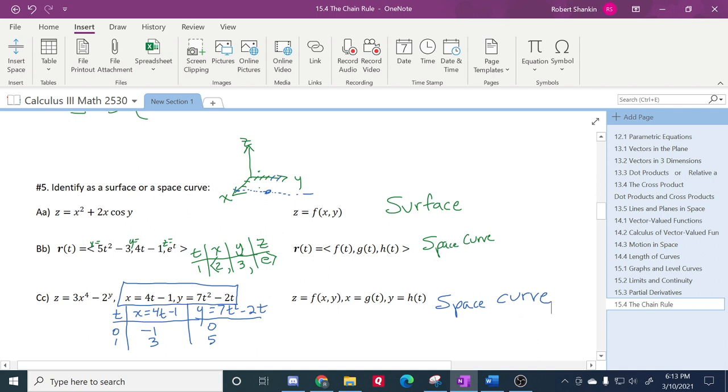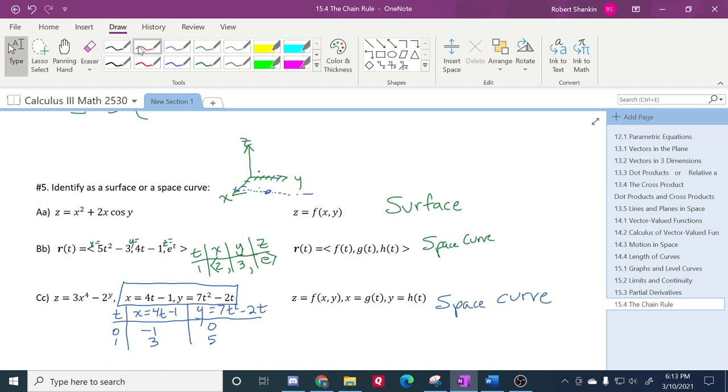All right. I'll just put this on here. Restricts choices for X and Y. And because of that restriction, we end up getting a space curve, not a surface.